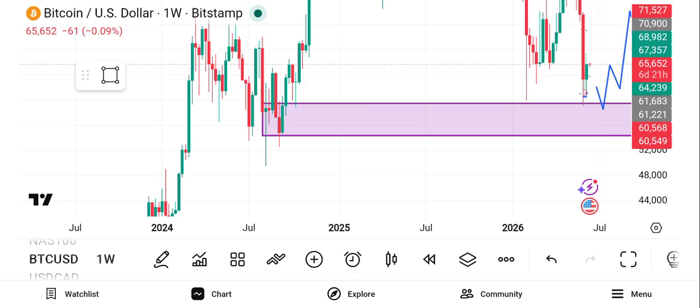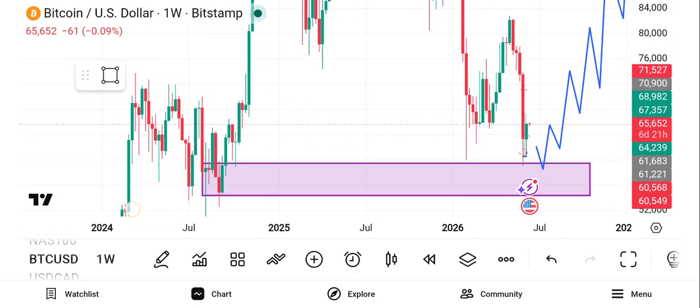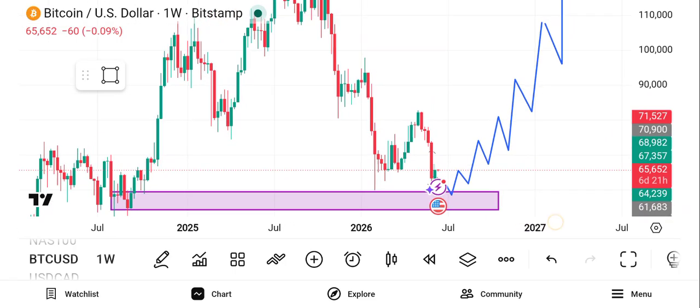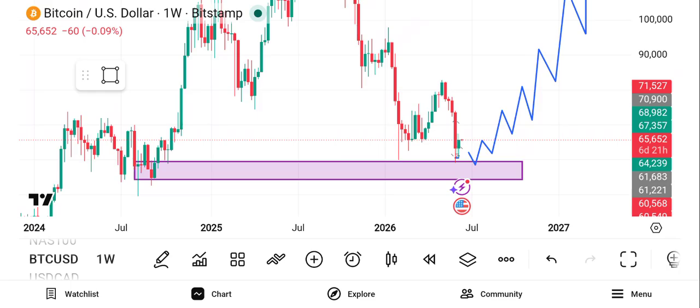So I mark out this order block. Now, since I marked out this order block, the only thing that will make me take this trade on my lower time frame is when the market pulls down to my higher time frame POI and then gives me a market structure shift. That is when I will take this trade.